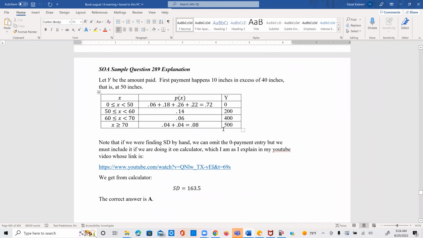And we are to calculate the standard deviation, and the easiest or quickest way I find in this case is to just use the calculator. So let's do that. The y values are 0, 200, 400, and 500.